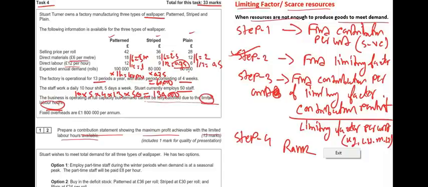And for plain, 60,000 is the demand times 0.5 per unit, so 30,000. So if you add 100,000 plus 60,000, it gives 160,000, plus 30,000, you require 190,000. But how much do you have?